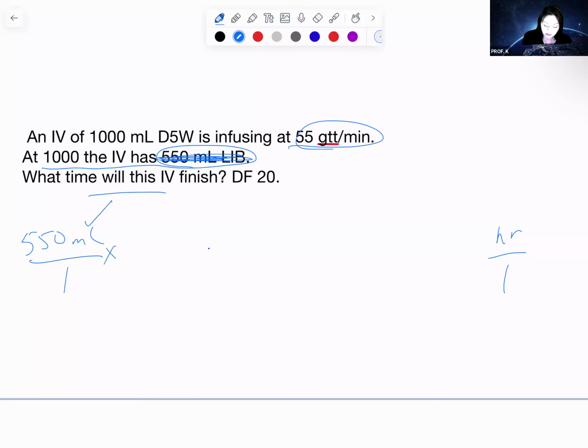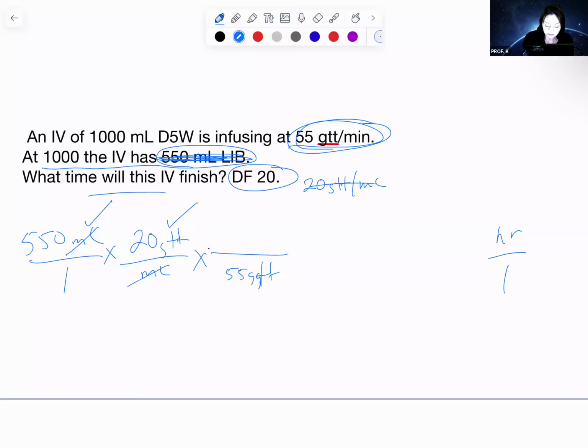So how do I get rid of milliliters? Well, I'm looking at my problem and drops per minute. No, oh, drop factor of 20. That means what? 20 drops per milliliter. So I'm going to use it. 20 drops per milliliter gets rid of my milliliters. Now, how do I get rid of my drops? I'm going to use my problem, 55 drops per minute.